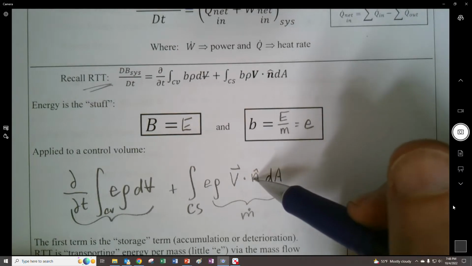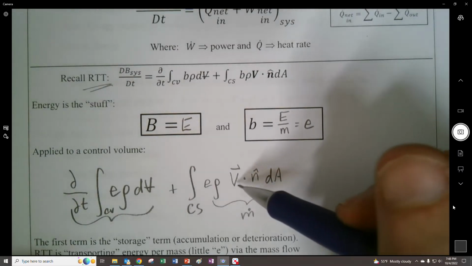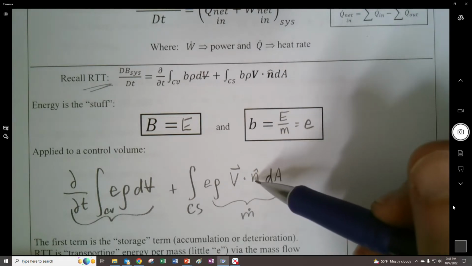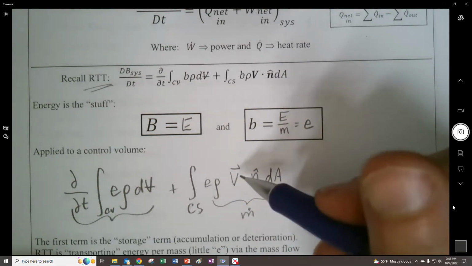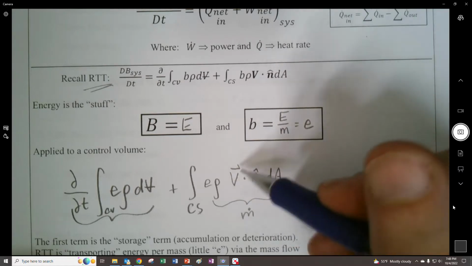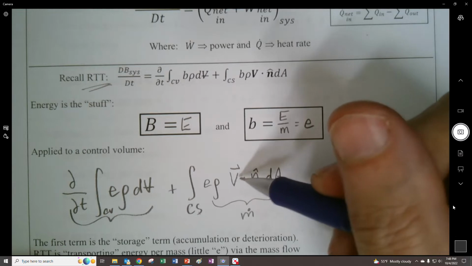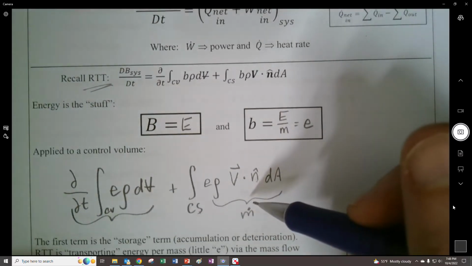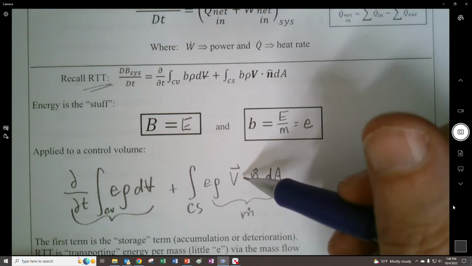This ensures the correct sign convention in terms of things entering, because this is an outward-facing normal unit vector that's perpendicular to the control surfaces. So this gives us the correct sign conventions for coming in and out, making sure that it's only velocity perpendicular to the control surfaces. We'll see that that's an important thing when it comes to linear momentum soon.